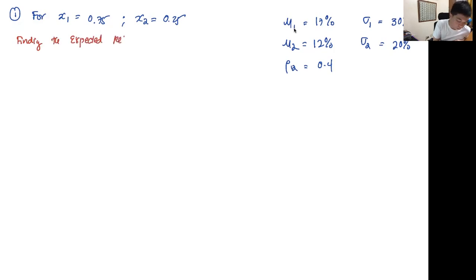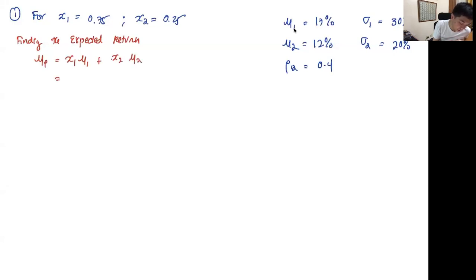For us to do that, we simply use this formula. We have mu p, which is equal to x1 times mu1 plus x2 times mu2.